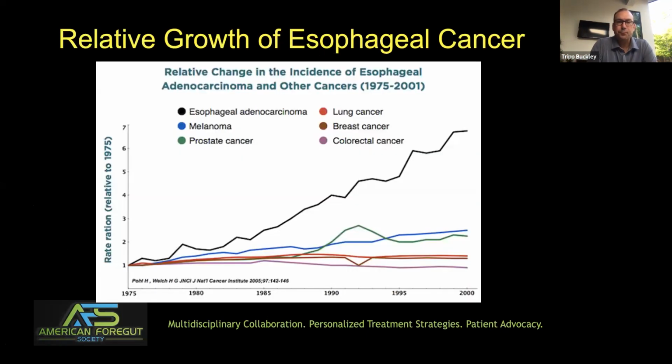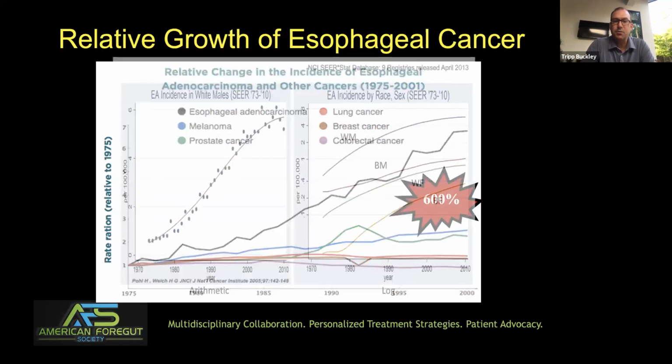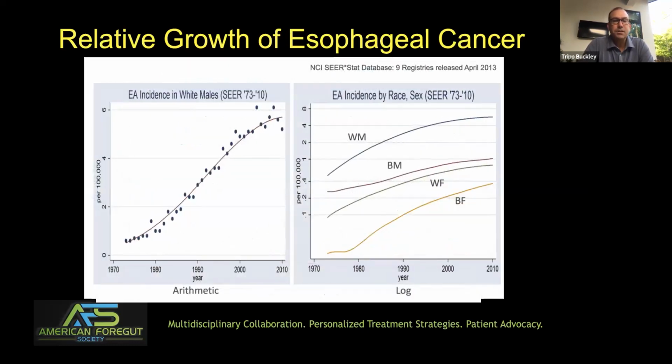One of the reasons we're talking about detection of dysplastic Barrett's is because we know that's the next step leading to esophageal cancer, one of the fastest growing cancers in the westernized world. Here you can see relative rates compared to some other cancers where we really bent the curve. This is looking more like a COVID-19 curve in California, if Dr. Lipham is listening: a 600% rise since 1975.